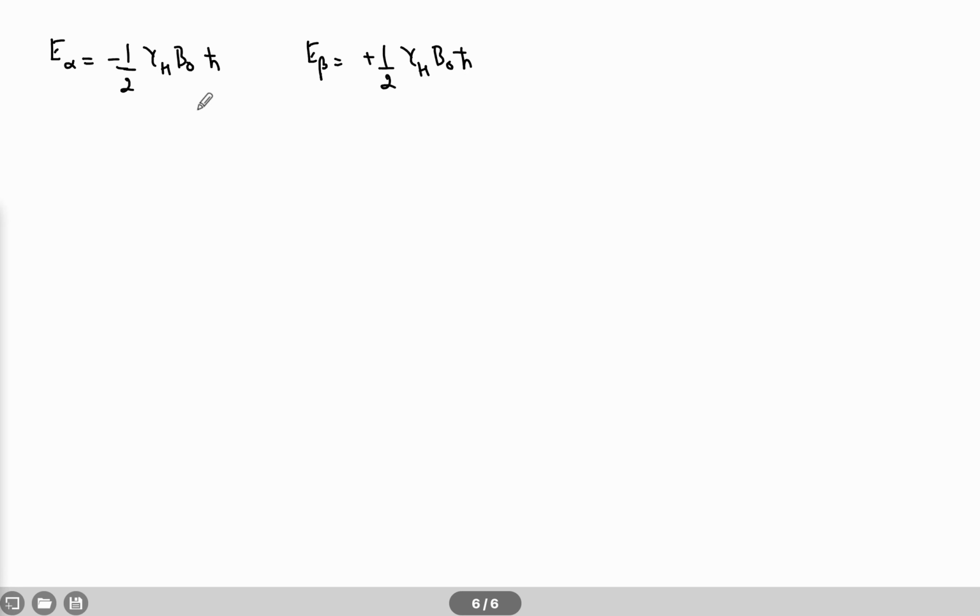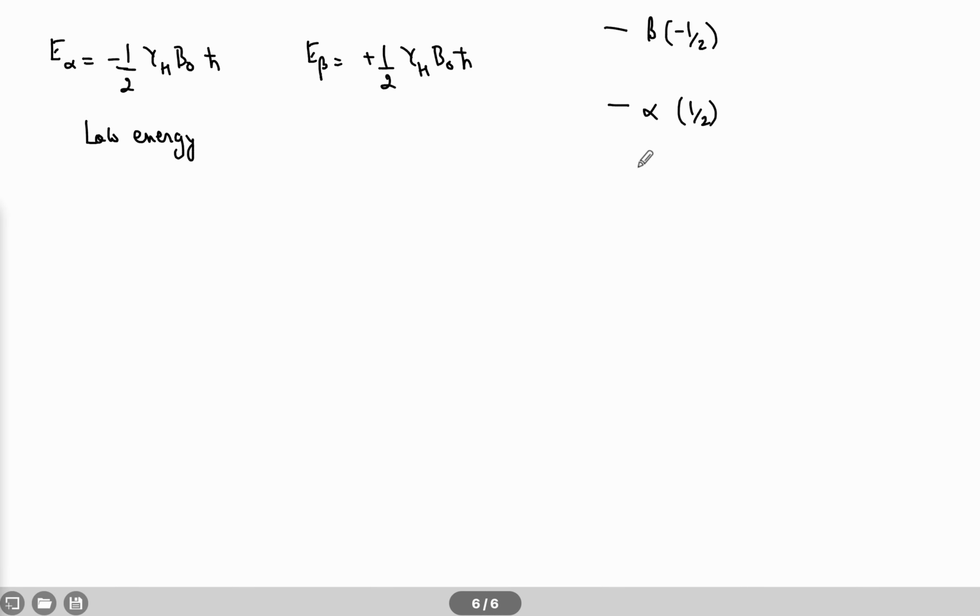Now if you calculate the energy difference, you see that this is the negative value, and all other values are the same, rest of them are all constants, so that means this one will be the low energy state. So the alpha state is the low energy state with spin value half, and the beta state will be the high energy state with spin value negative half.